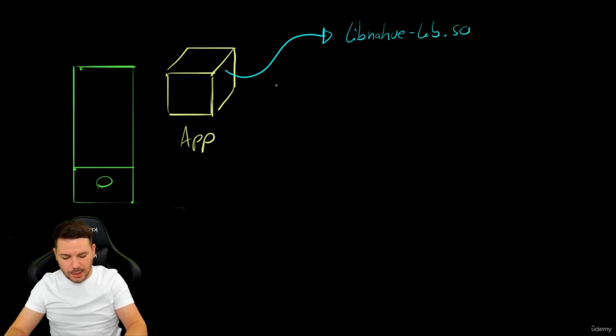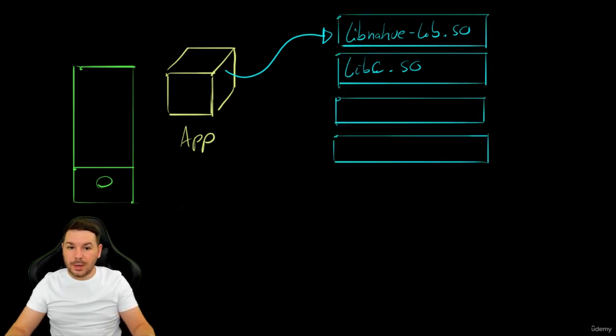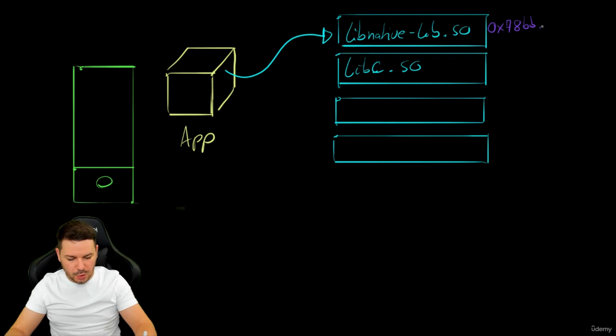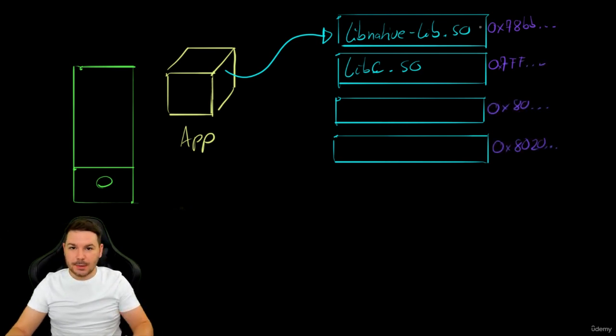There will be also another one, for example, the libc.so, and there will be tons of other libraries that are being loaded. All of them will now be assigned to certain memory addresses. For example, 78BB and so on. And this one will be at 0x7FF and so on. And this means based on the memory layout of our smartphone, we are getting different addresses.